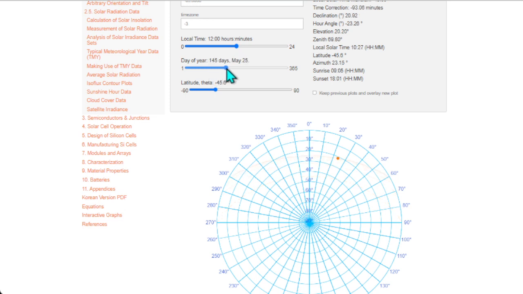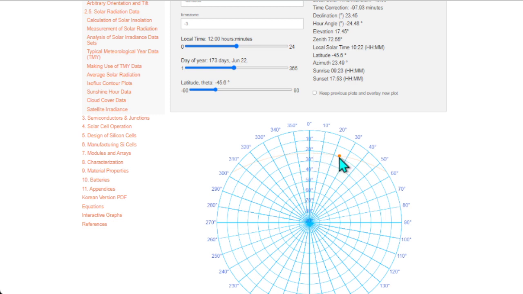And at the solstice, this is south of the equator, right? At the solstice, a little bit farther yet, at the June solstice, it's only about 20 degrees over the horizon.